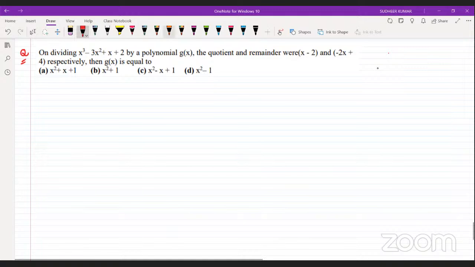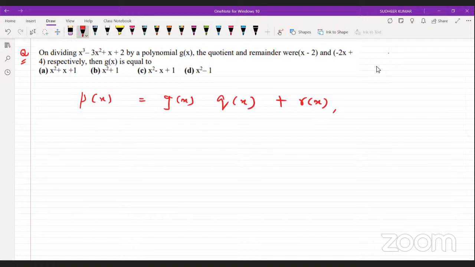As we know, p of x equal to g of x into q of x plus r of x, where 0 is less than or equal to degree of r of x, which is less than degree of g of x. Usually we write the condition, but we'll use this statement only.